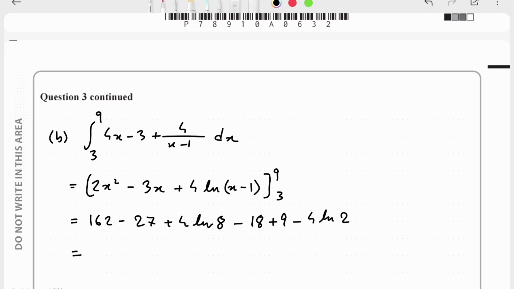So that's 126, I believe. 126 plus 4 ln 8 can be written as 12 ln 2 because 4 ln 8 is the same as 4 ln 2 cubed, which is equal to 12 ln 2. So 12 ln 2 minus 4 ln 2 gives us 8 ln 2. So that's our answer. And we're done with question 3.